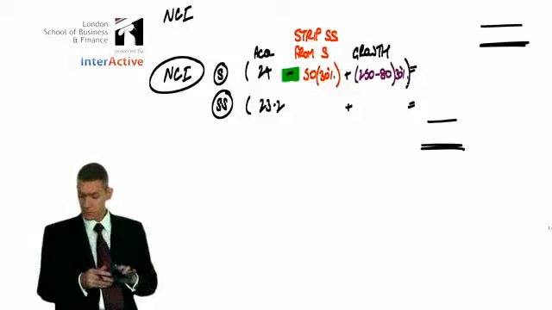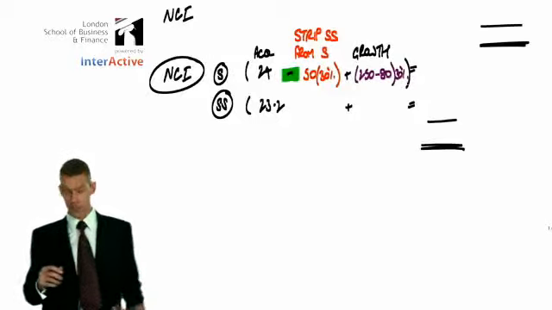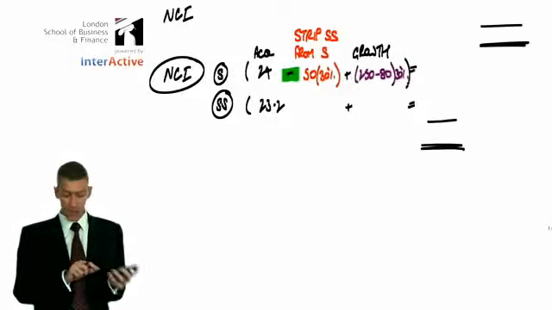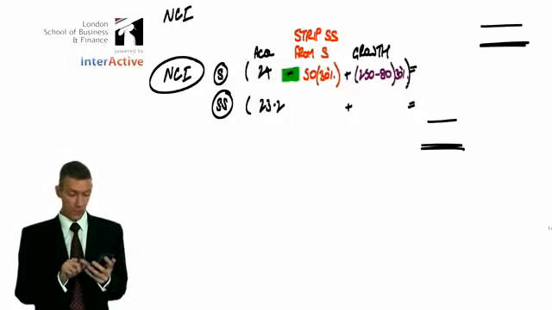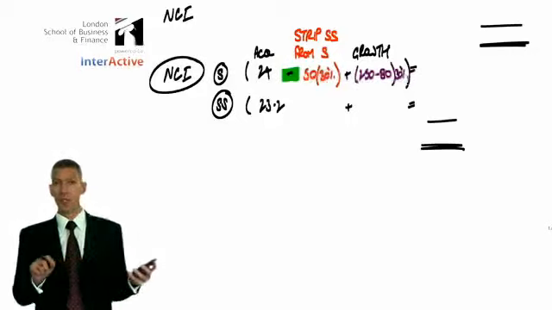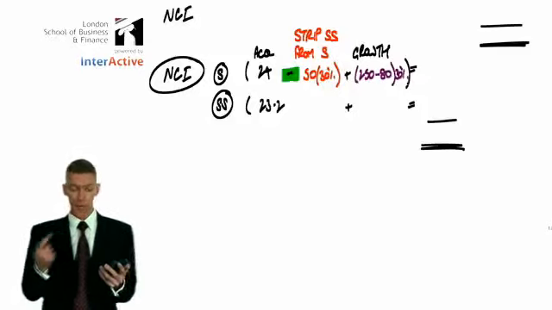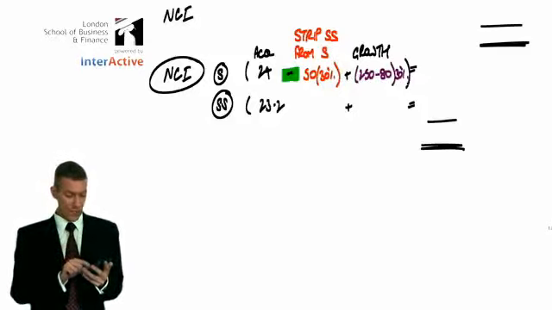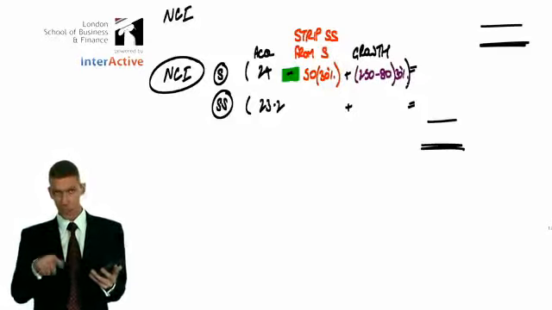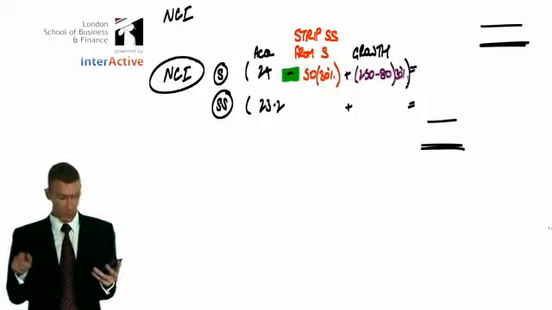So, adding across and giving comments as I do so, the NCI given in the question was 24, but of that 24, 15 of it, what happened there? The NCI given from our calculation was 24 at acquisition, but 15 of that 24 actually relates to the lower sub, to the sub-sub.